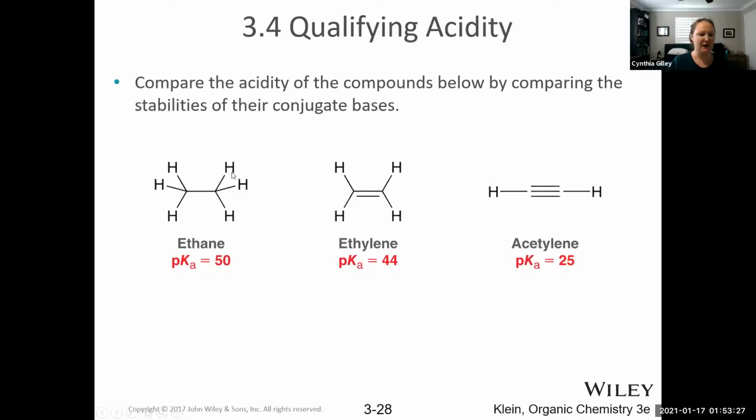And if you are looking at a hydrogen attached to an sp3 hybridized carbon, and there's nothing nearby to help make it more acidic, like resonance or induction, then it would just have a pKa of 50, which is on the high end of the pKa values, meaning it's not acidic at all.